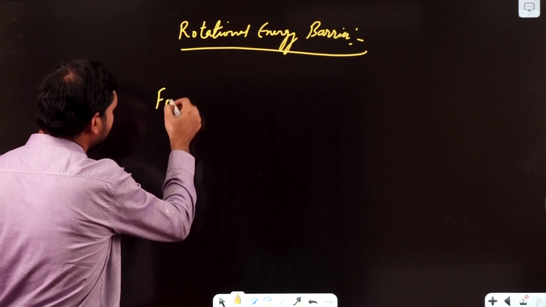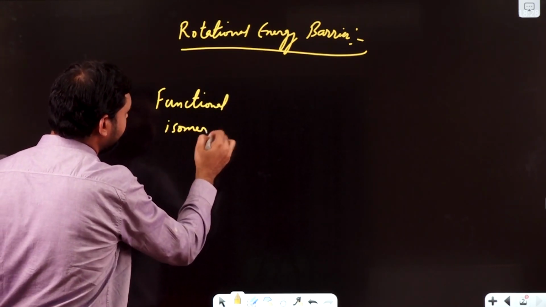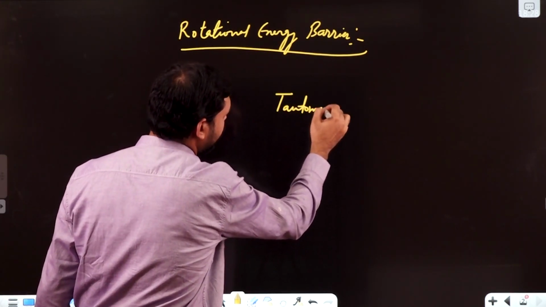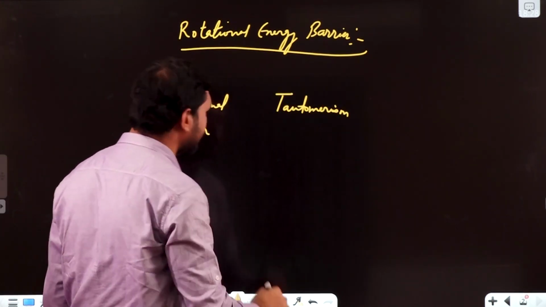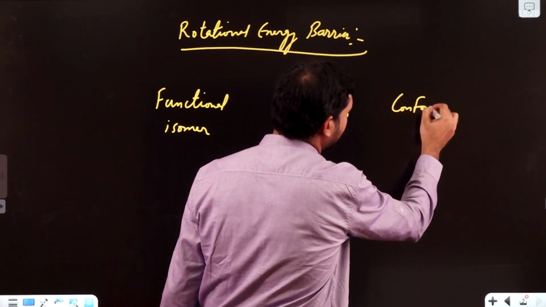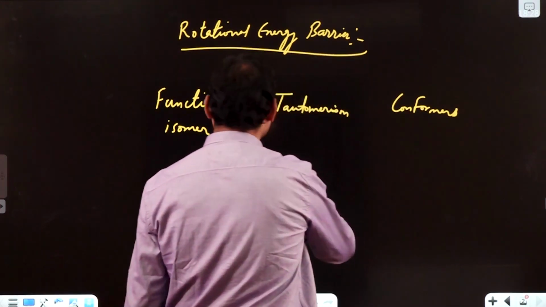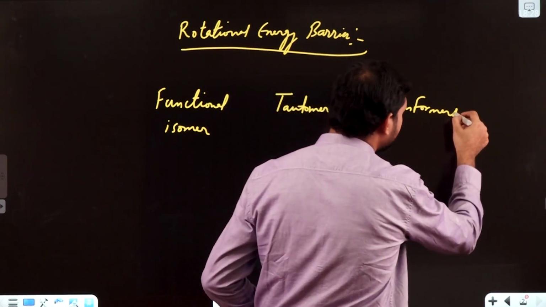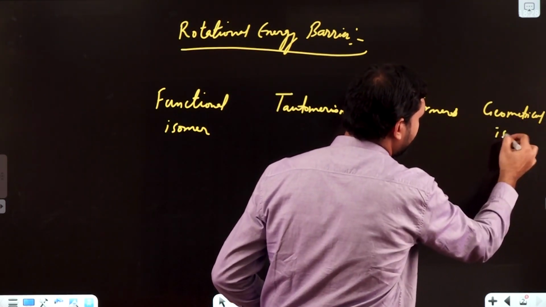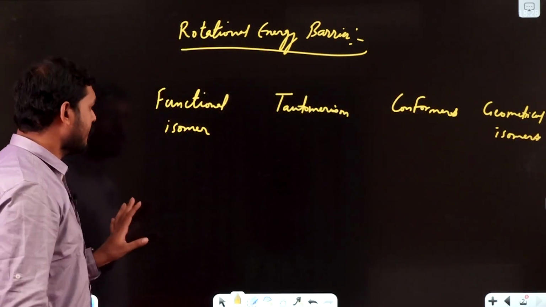So the first thing was functional isomer, tautomerism, conformers, and last geometrical isomers. Now let's understand here what is the relation.